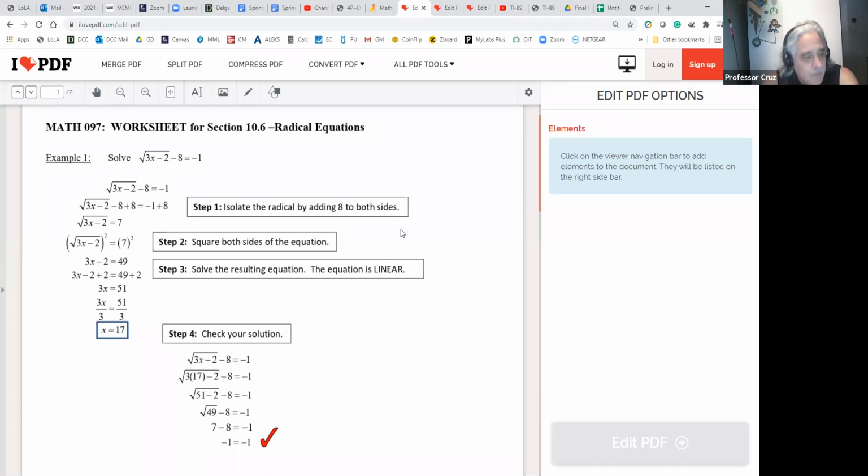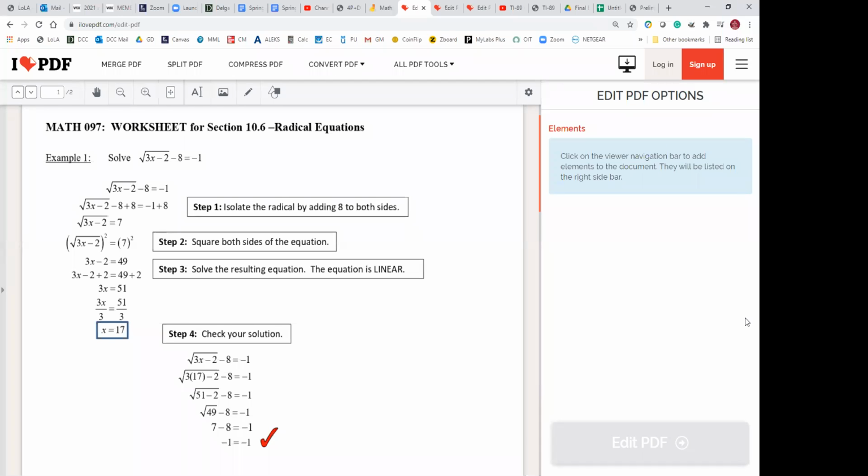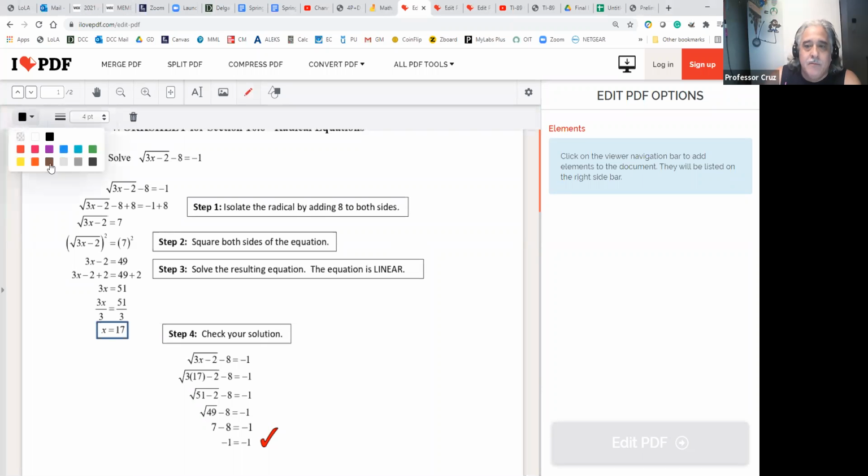Now, with a radical inside, there's no way to get the x out with anything we know so far. So we're using the fact that if we square a radical, it pops out.